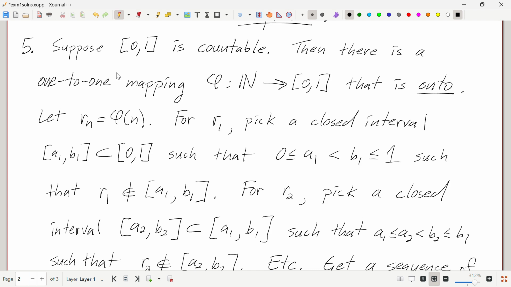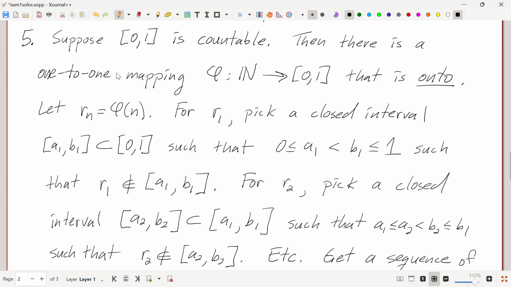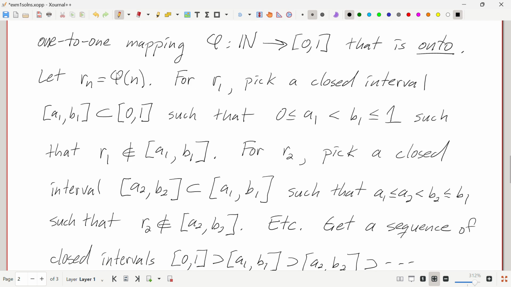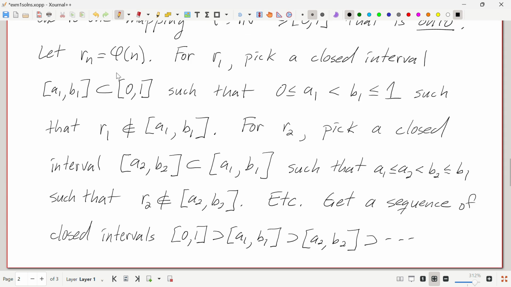And if I let r sub n be phi of n of that map, then that should pick out all the possible real numbers between 0 and 1, if this thing is countable. And so the Cantor trick, for the first term, pick a closed interval that's in A1 that doesn't contain the first r1. And of course, A1 needs to be less than B1 so that that's not just a single point.